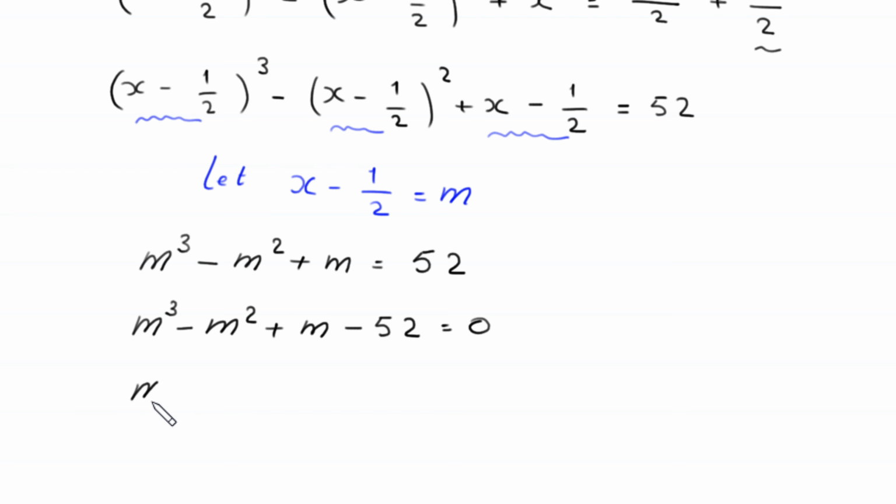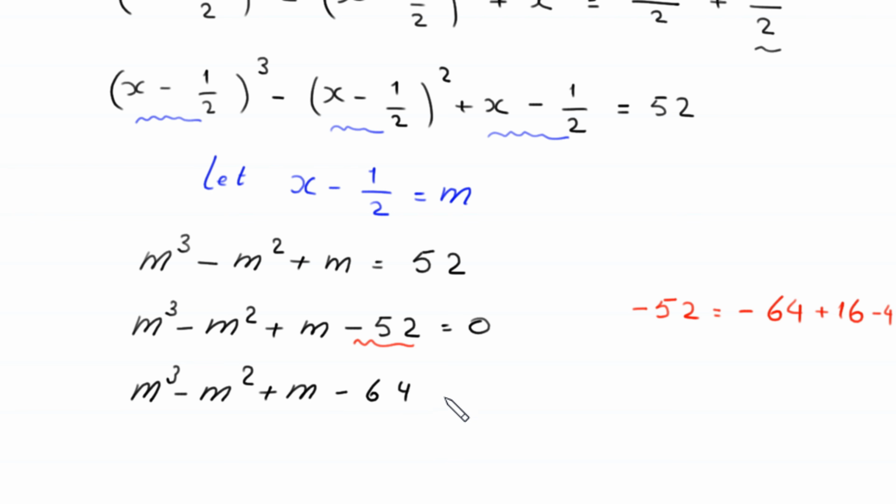Next, m^3 - m^2 + m. We can write this negative 52 as negative 64 plus 16 minus 4, so this becomes negative 64 plus 16 minus 4 is equal to 0.